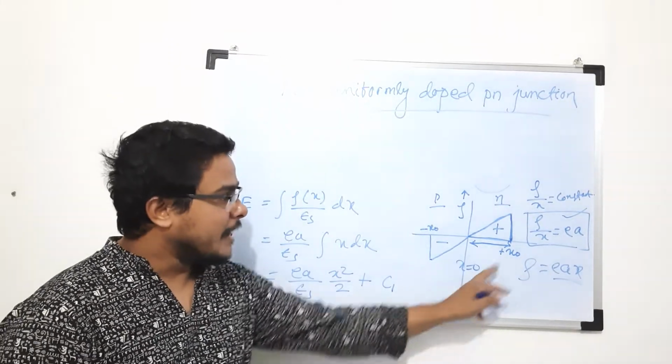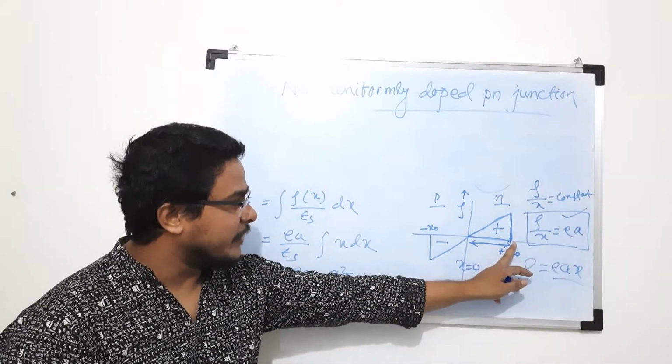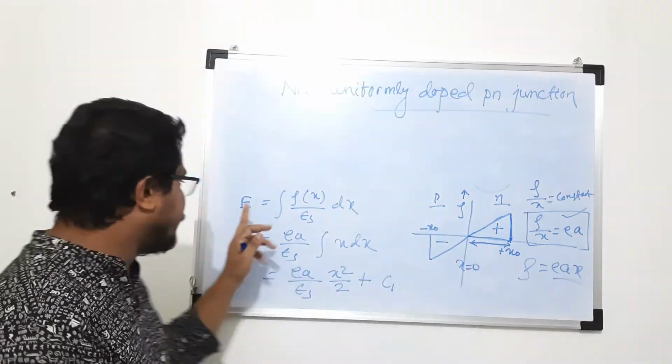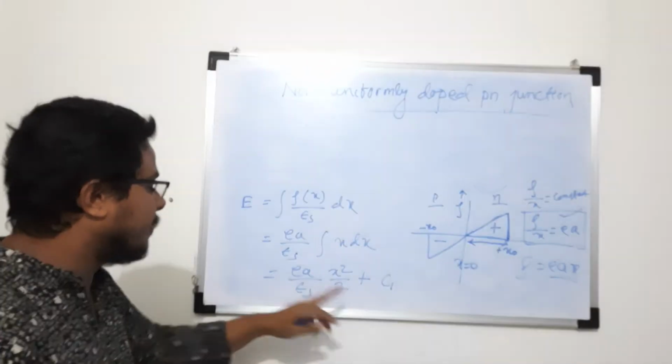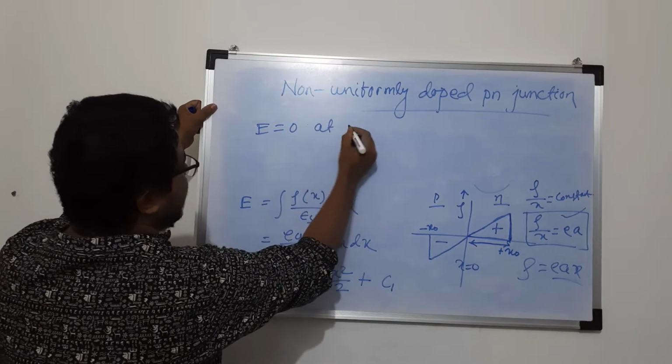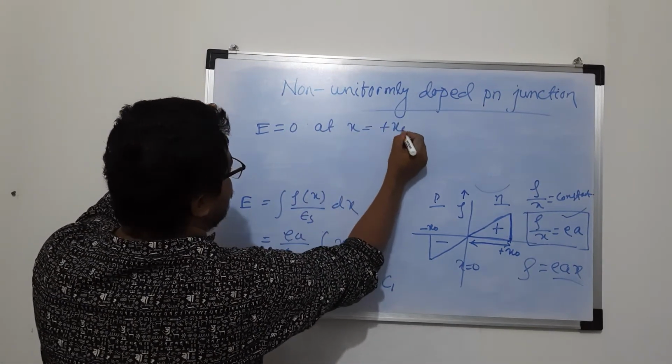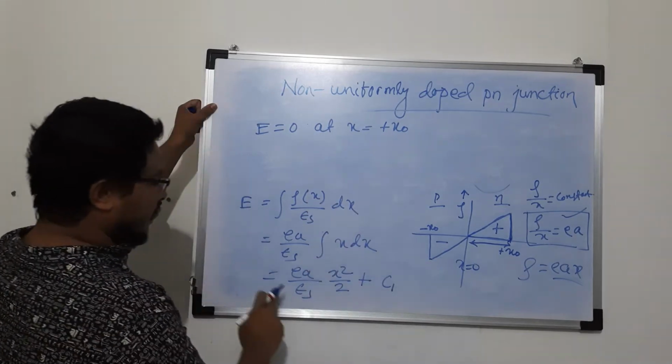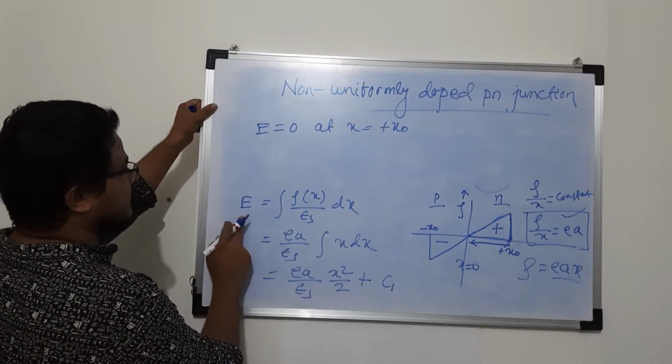So at x equals x0 in the n region, the electric field is 0. If I substitute that, electric field is equal to 0 at x equal to plus x0, that is in the n region. Let us use this as a boundary condition.